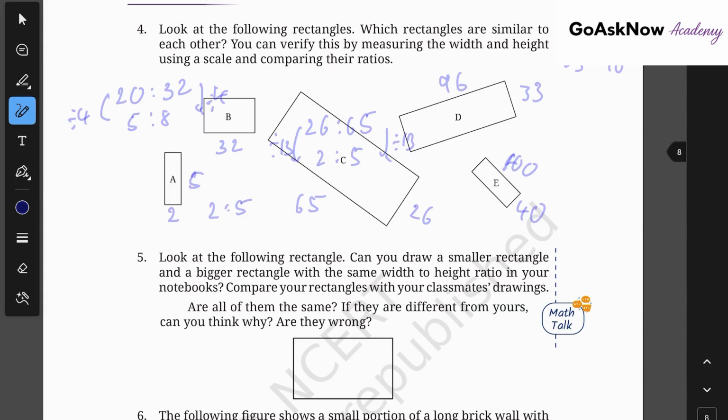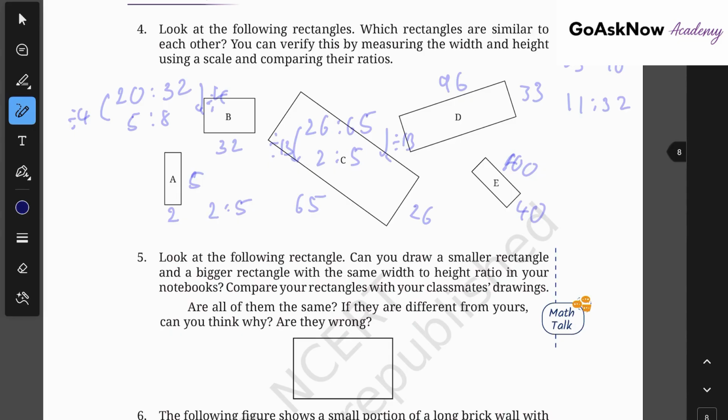This can be simplified to 11:32. 11:32 is in the simplest form, so this is the simplest ratio for rectangle D. Since rectangle D's ratio does not match any of the others, rectangles A, B, or C, rectangle D is not the same as them. So it is a different rectangle.